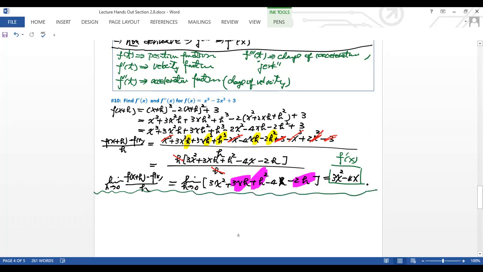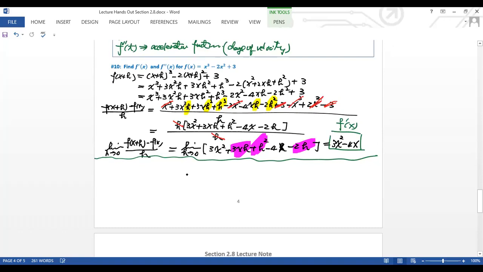Okay, now let's do the same way here. Let's do f double prime x. Remember, f double prime x is the derivative of what? It's the derivative of f prime x. So I will do f prime of x plus h. All right. So let me put the x plus h here.